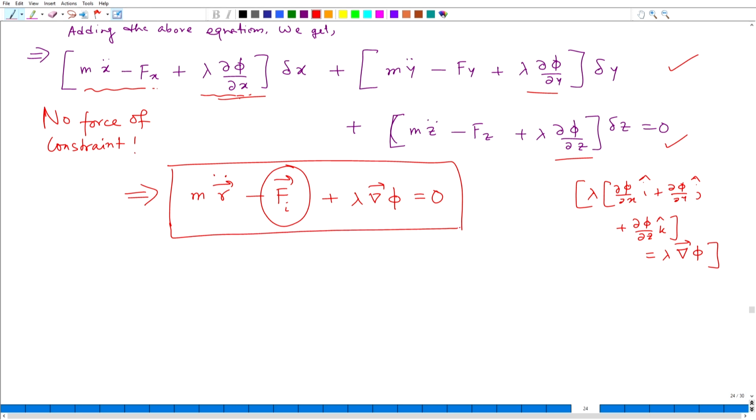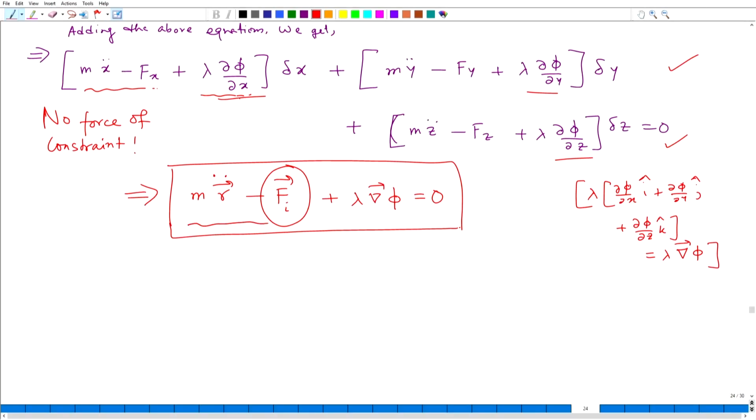So, this is actually not primarily very different from D'Alembert's principle. D'Alembert's principle said that I have this part, the first two terms dot delta r is equal to 0, and then I again take separately the constraints, and from those constraints I try to find a form where something dot delta r is also 0, and then I do the same thing here.